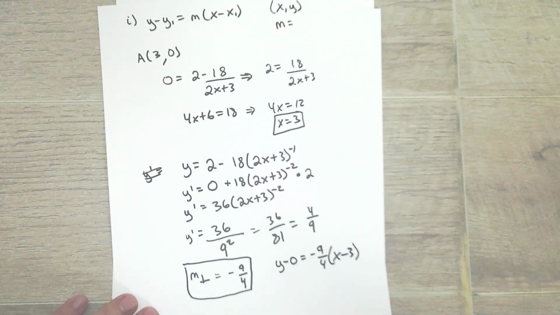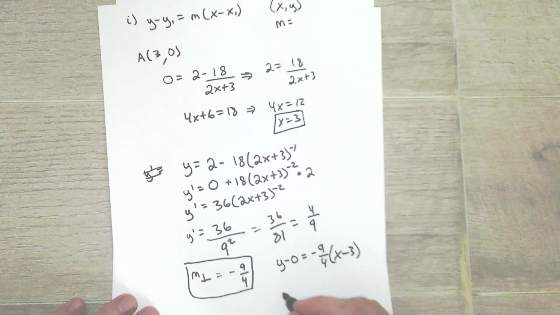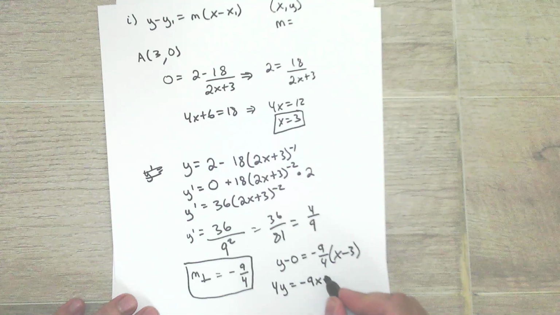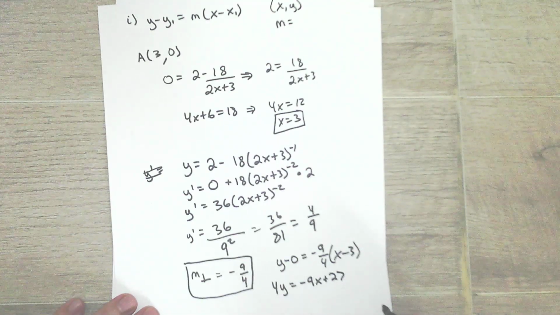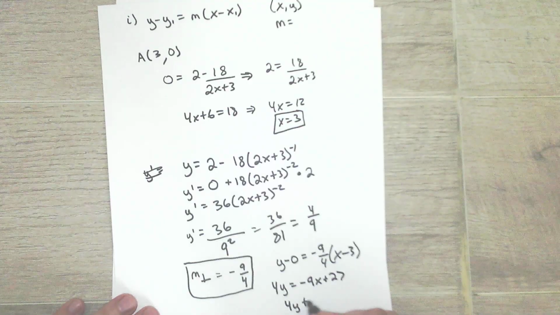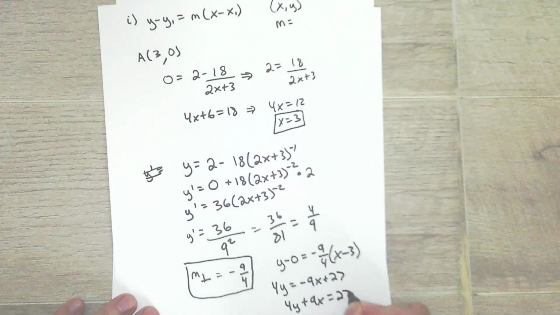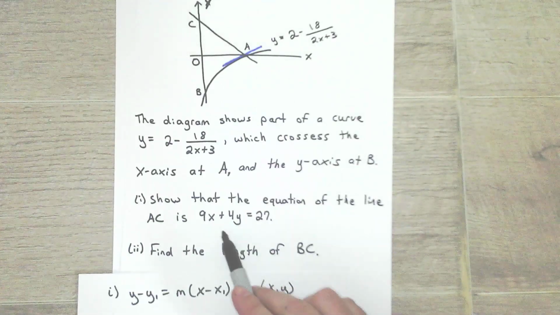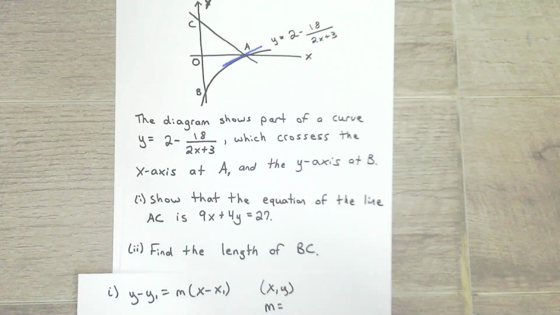Simplify that down. You might have to rearrange it a little bit. I get y equals, I multiply by the 4, 27, add the 9x to the other side, and there you go. So we've shown that the equation of AC is that equation.